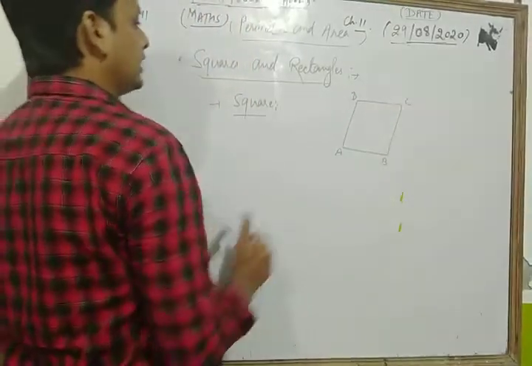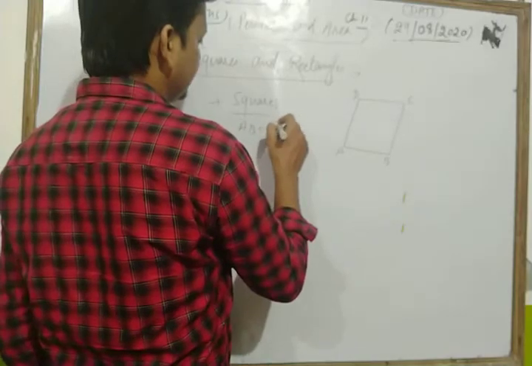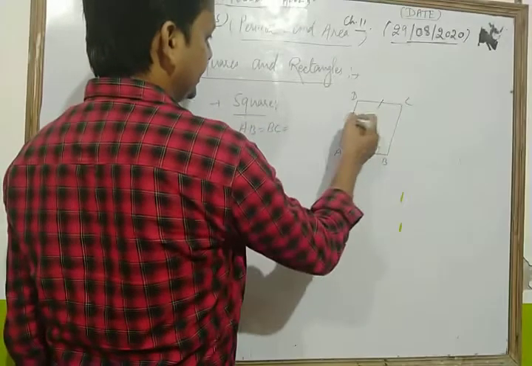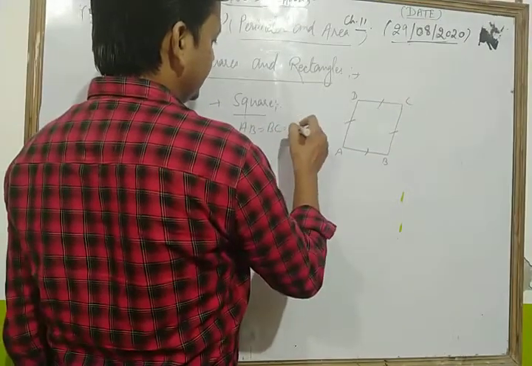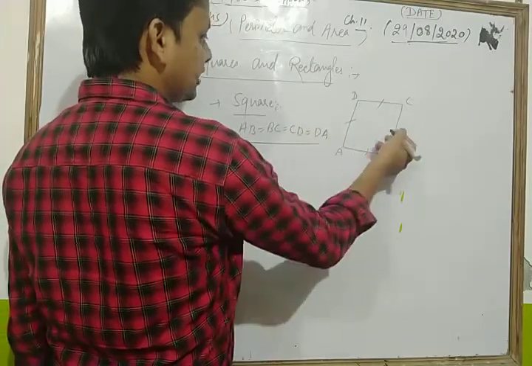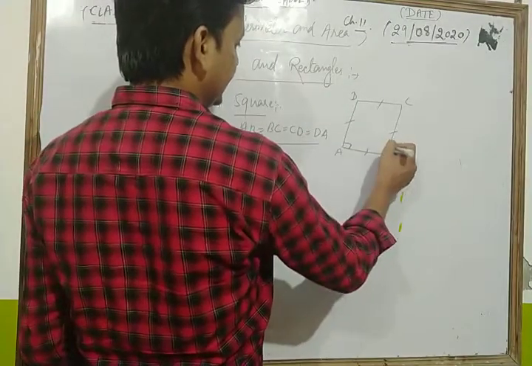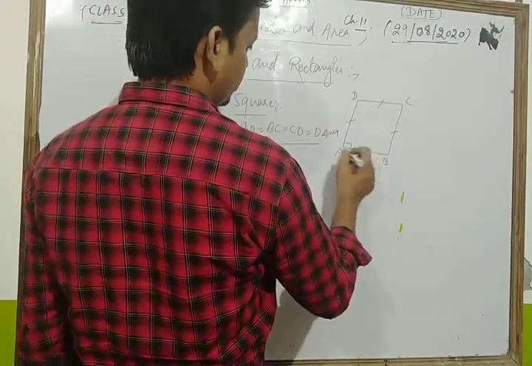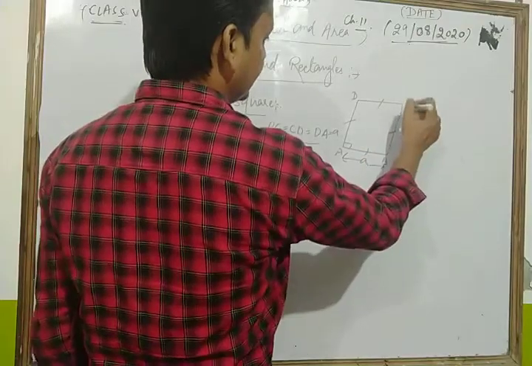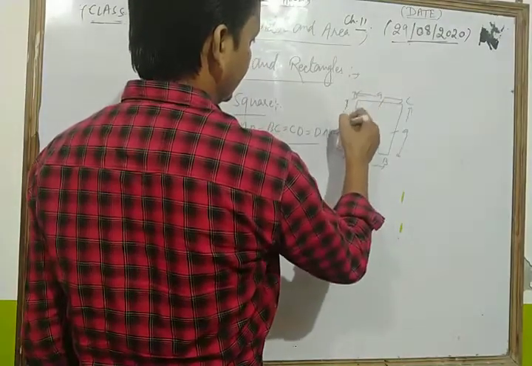Square is a quadrilateral in which all sides are equal, meaning side AB is equal to side BC is equal to side CD is equal to side DA. If AB is A, then all sides are equal to A.